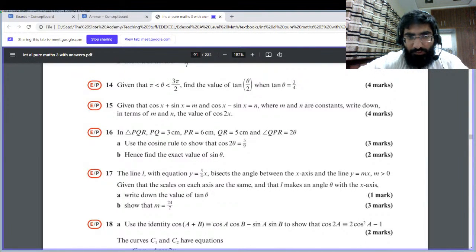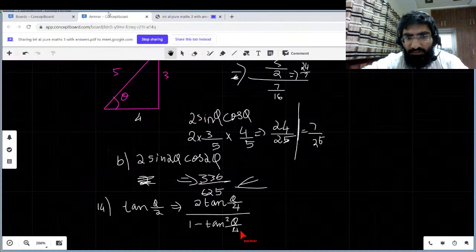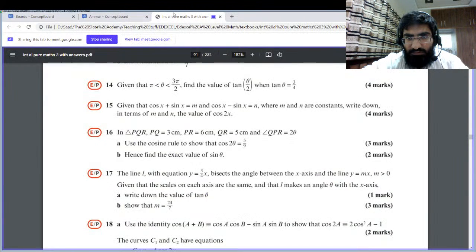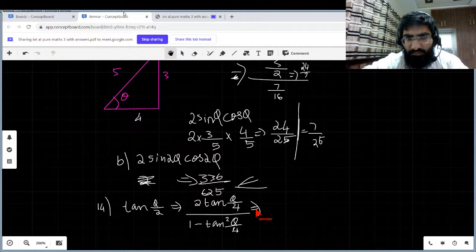How do you do theta by 2? So this one would be tan theta by 4 over 1 minus tan square theta by 4. Is it minus? 1 minus tan squared theta, I think I did it right.